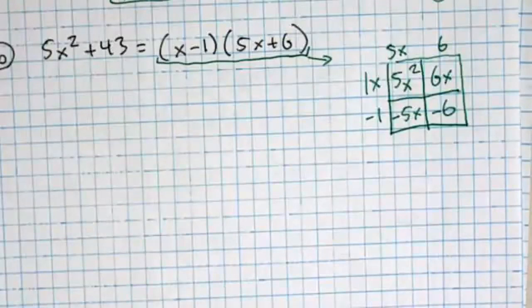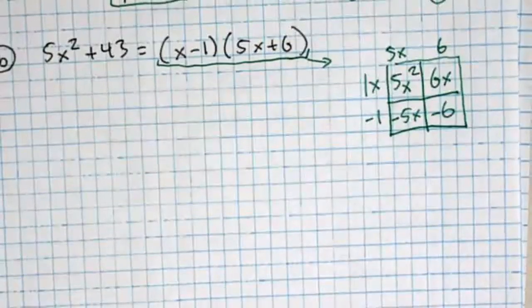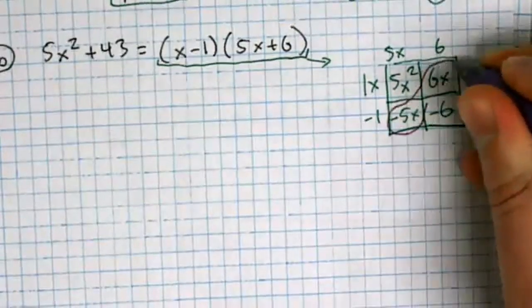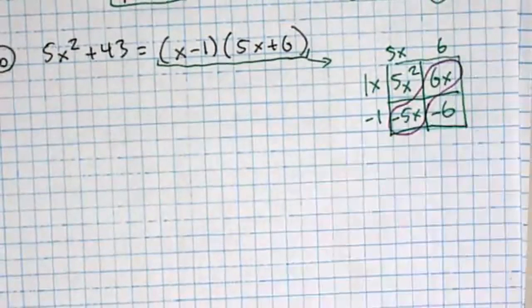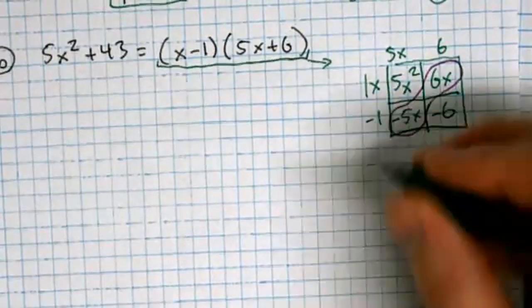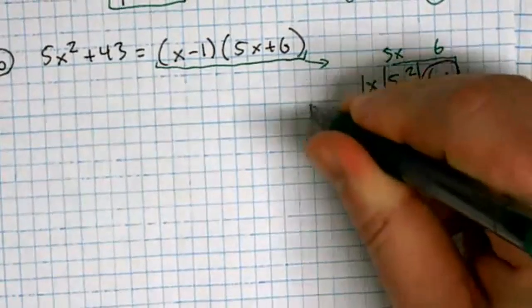What are we going to be able to combine together in our sum here? Do you see any like terms we're going to be able to combine? I like to circle them. I encourage you to do the same. We're going to be able to put that 6x and the -5x together. So let's go ahead and write out our sum here.